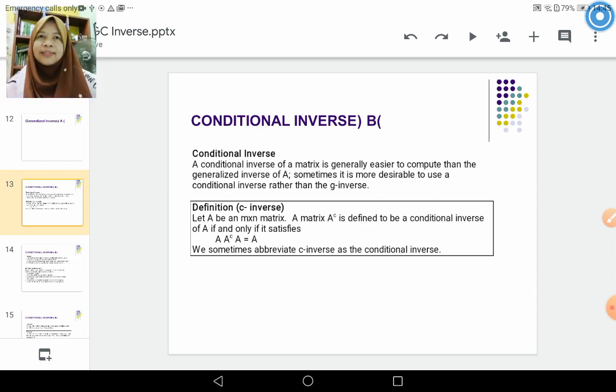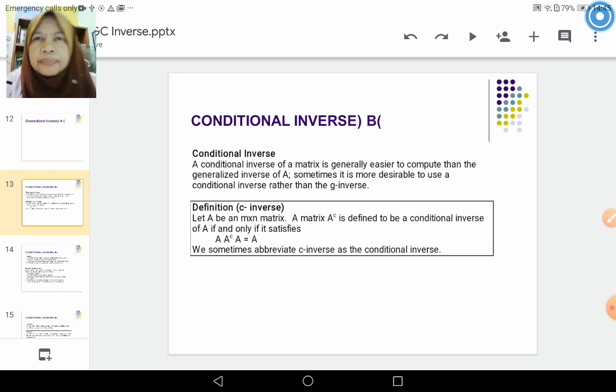A conditional inverse of a matrix is generally easier to compute than a generalized inverse of A. Sometimes it is more desirable to use a conditional inverse rather than G inverse. So you can read the definition of C inverse.